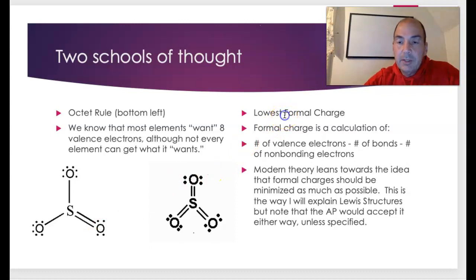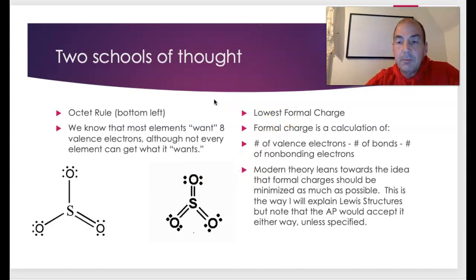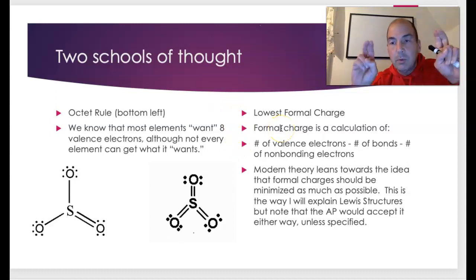But when we talk about this idea of formal charge, which is really kind of the new trend, it's more the way that things seem to go, we're more worried about checking to make sure that everything is behaving the way that it quote-unquote wants to. Behaving in its more typical bonding fashions.